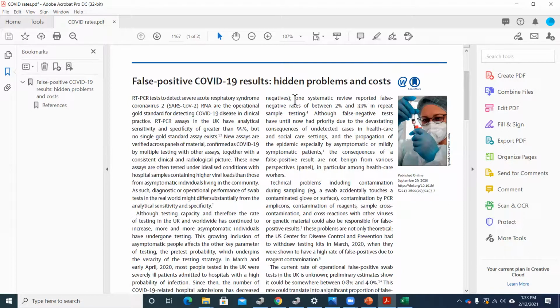If we look at false negative rates for COVID tests, across all the data they range from 2 to 33%. I'm going to use the best case scenario of 2%. I looked at a couple other papers and didn't see anything as high as 33. A lot of them said between 2 and 4 or 2 and 6. So we'll use the lowest of those studies, which found a 2% false negative rate.